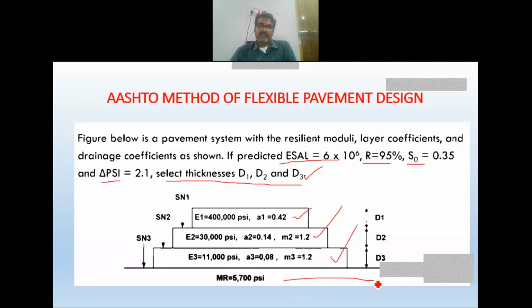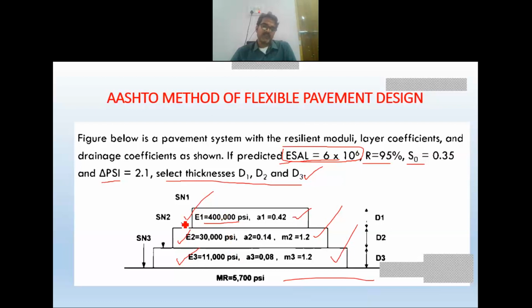Now, for the design, we need some data. Okay, the data may be in terms of traffic. The traffic intensity here is directly given as 6 into 10 power 6 equivalent single axle load. So the traffic factor parameters are given to you. Next, the parameters related to the pavement material quality. Now here E1 is the elastic modulus of the surface course, elastic modulus of base course 4 lakh psi, E3 is 11,000 psi.